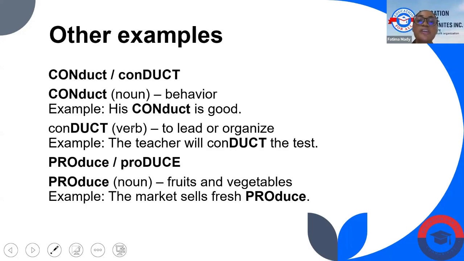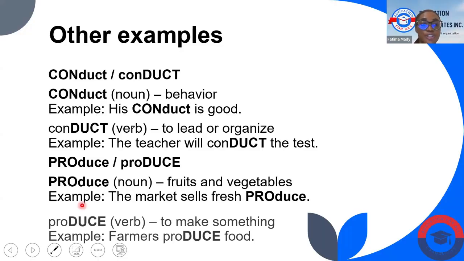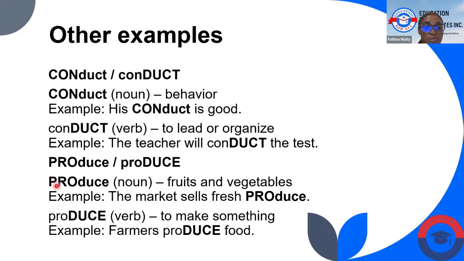So if you want to talk about fruits and vegetables, you can call it produce. You see the stress here, the stress is on the first syllable, produce. It's a noun, which means fruits and vegetables.